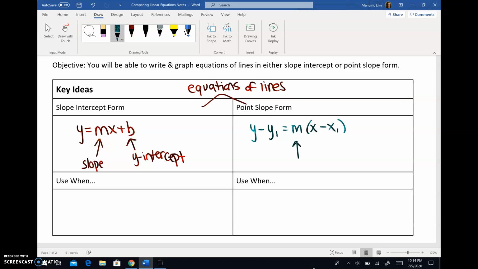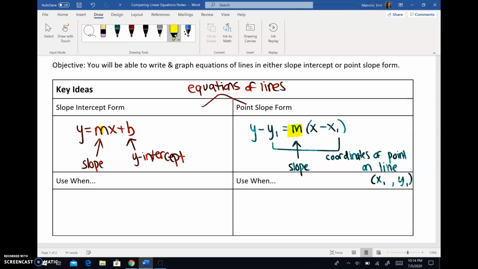In this one, m is your slope, which makes sense because it's called point-slope form. The x1, y1 is the coordinates of a point on the line, and that point would be in the form x1 comma y1, just as a reminder.